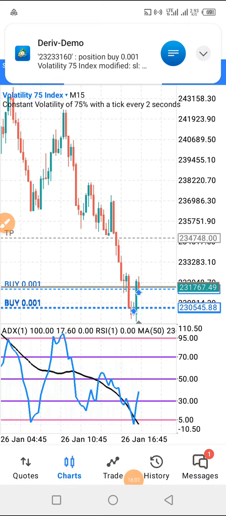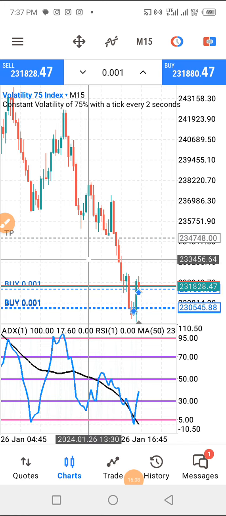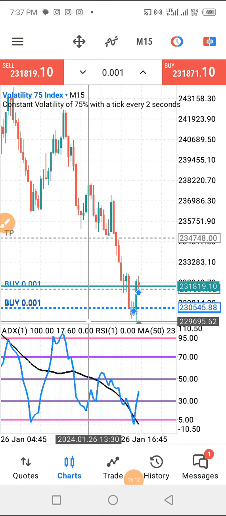Now for our stop loss, the swing low. When we say swing low, we can use this last low, that point, as our swing low, which is 2296.95. That is our stop loss.